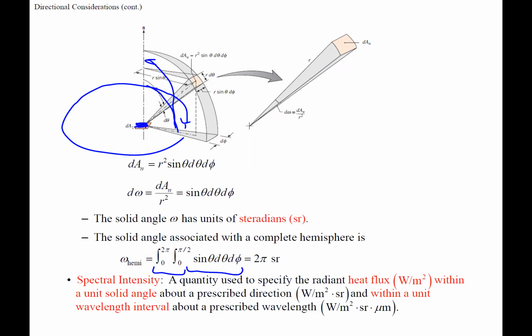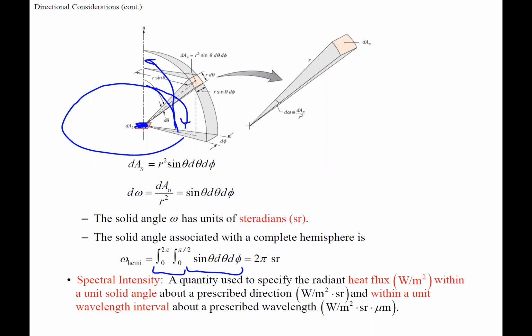You're going to be integrating over that whole hemisphere. They look at it a little differently. With this integration over the hemisphere, it's like how we have radians for a circle, right?